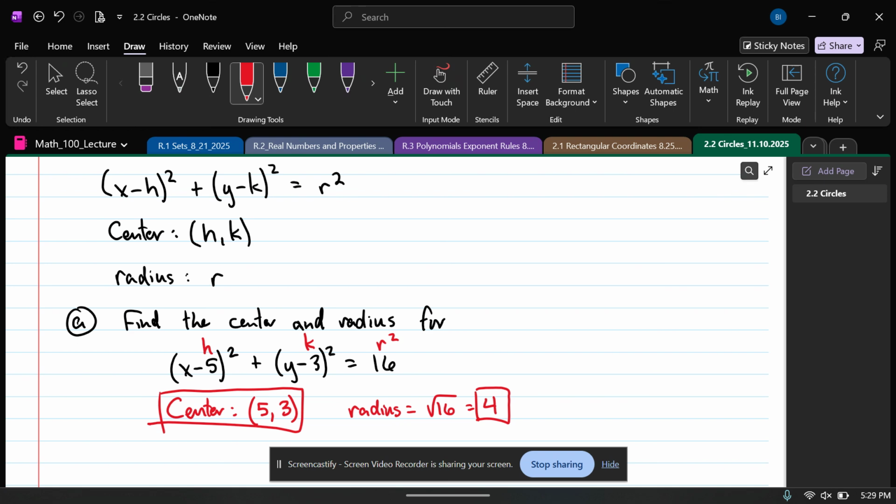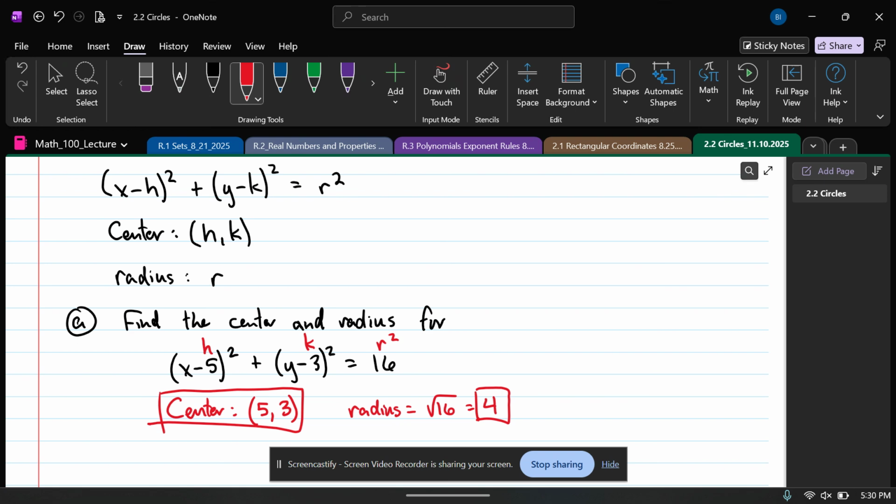We could go to this point and put a dot and then count out 4 to the right, 4 to the top, or to the north, 4 to the south, 4 to the east and west, and then kind of try to draw a circle. Some of you may be able to draw perfect circles. I cannot. Mine end up looking like squished up squares or flat basketballs or something. They don't end up looking just right. Main thing is finding the center and the radius from the equation.